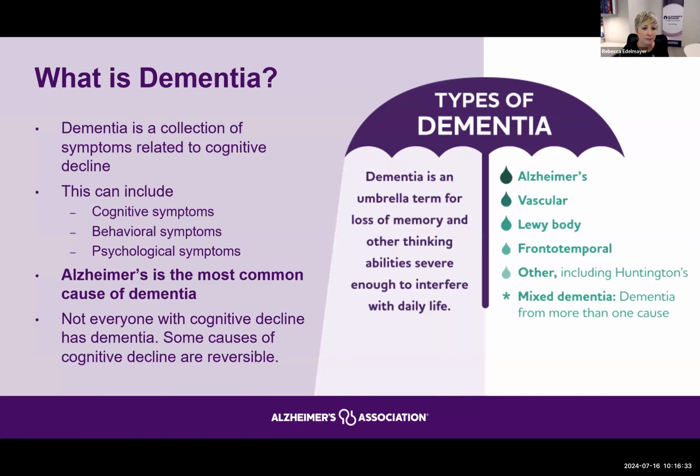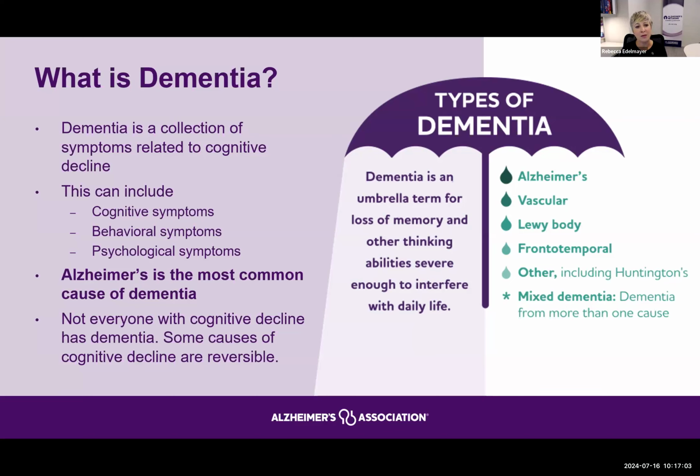Now, while Alzheimer's disease is the most common cause of dementia, not everyone with cognitive decline has dementia. This stresses the importance that if anyone is experiencing any symptoms of change related to their memory, thinking, or behaviors, they really need to go to a doctor's office to get a thorough evaluation, because there are causes of cognitive decline that are not neurodegenerative diseases.